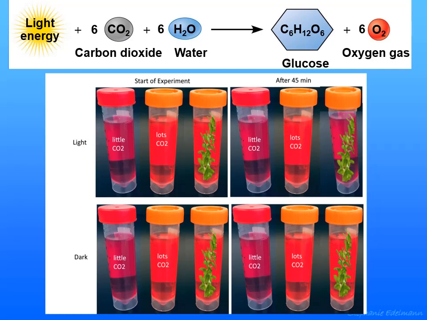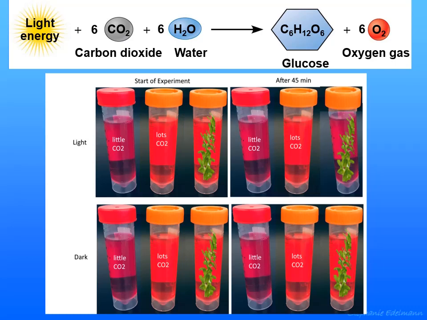So what we're looking at is the reaction of photosynthesis that takes carbon dioxide and water and light energy and turns it into glucose and oxygen gas. And so we're looking at the activity of photosynthesis by looking at the disappearance of carbon dioxide in the solution.